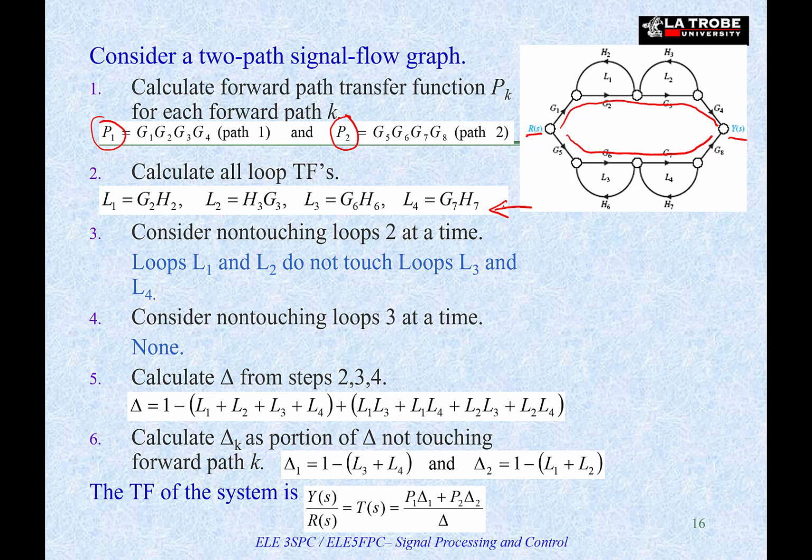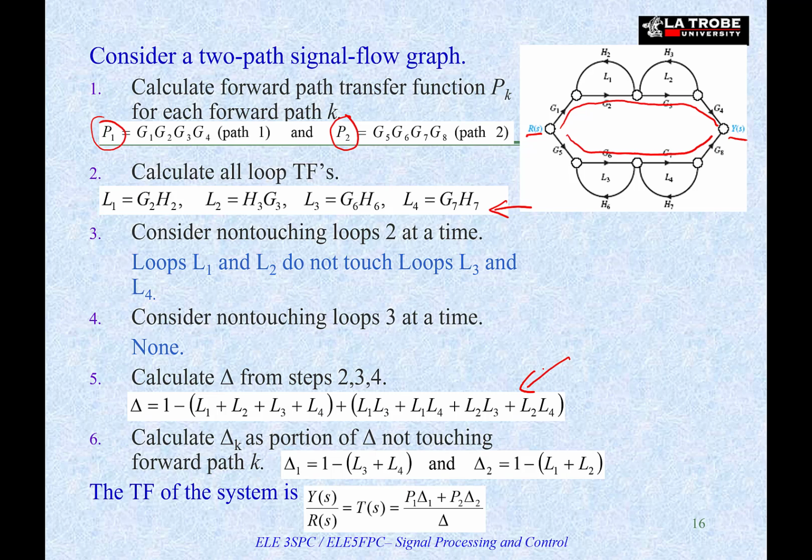And then you have the first bracket, which should give you the sum of different loop gains. Then you have the plus sign. After that, you have the second bracket in which you should calculate the sum of the gain products of all the combinations of 2 non-touching loops. That is this. After you calculated delta, you should be able to calculate delta k.